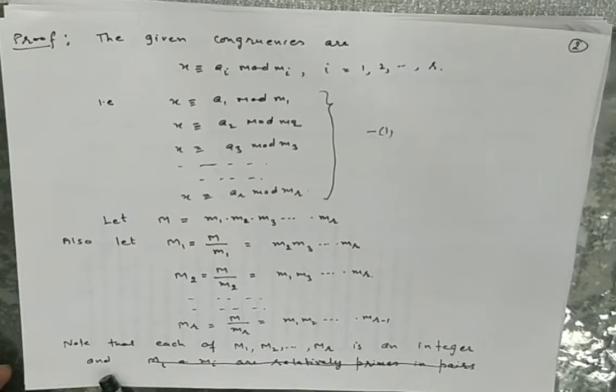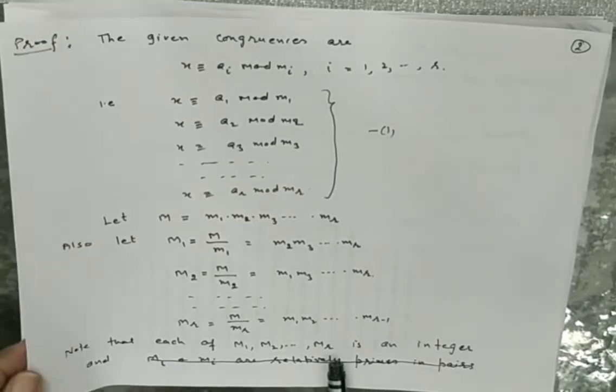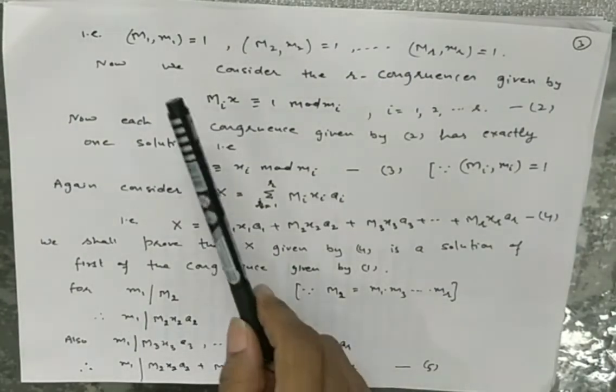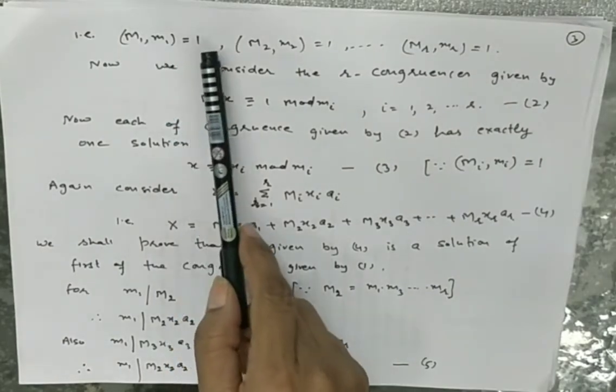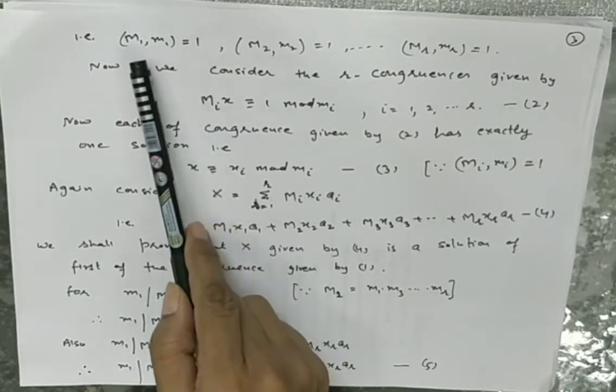Now, we can check that all the capital Mi's, that is M1, M2, ..., Mr, are integers. Also, they are relatively prime to the corresponding small mi's.